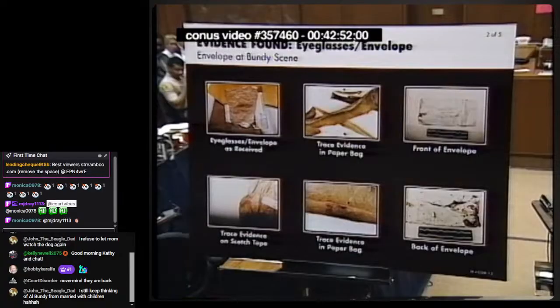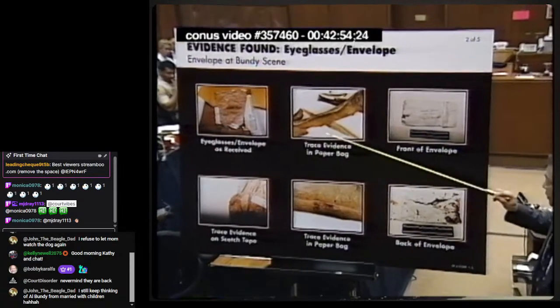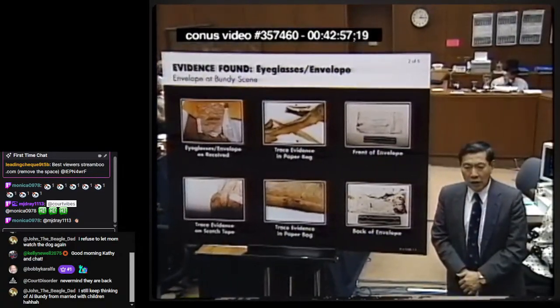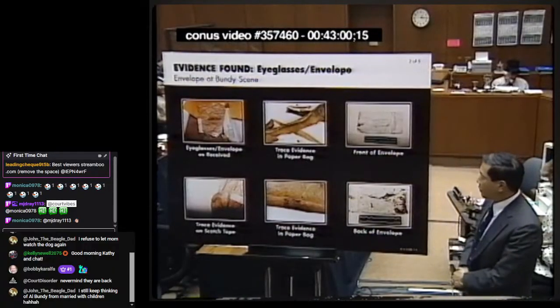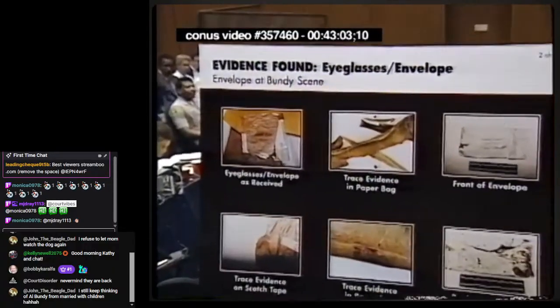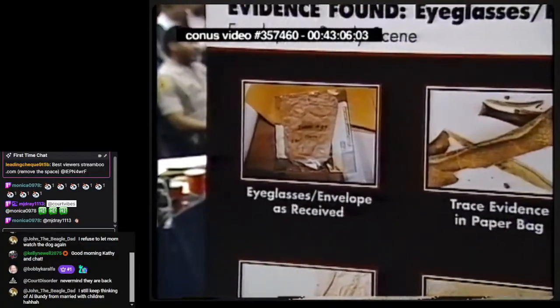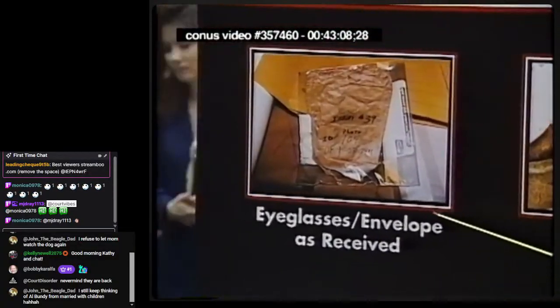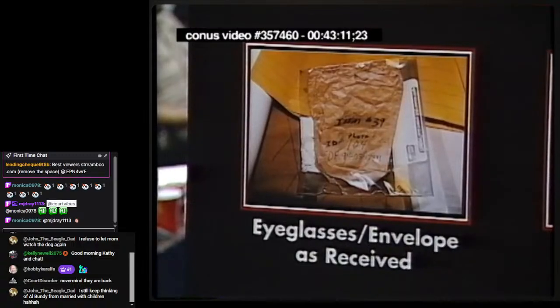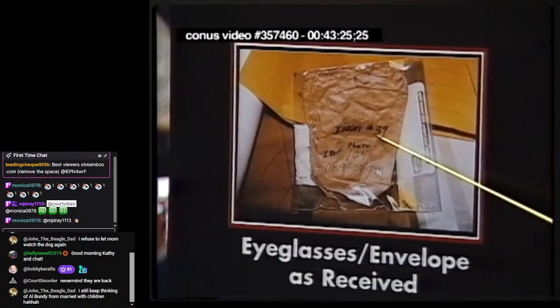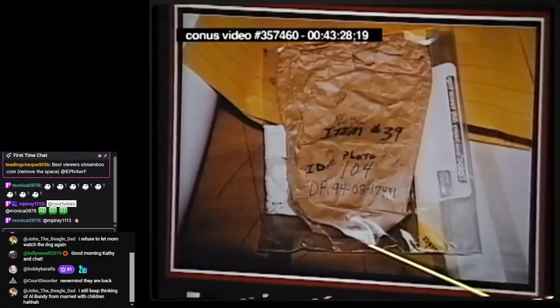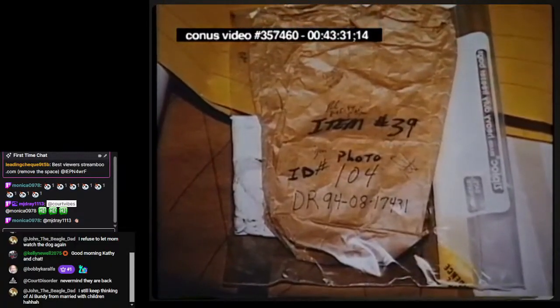This board consists of 6 photographs. I took this photograph on February 18, 1995 at Albany Medical Center. The first photograph depicts an overall view when this item was taken out from the boxes. It shows item number 39, a brown paper bag inside of a plastic bag.